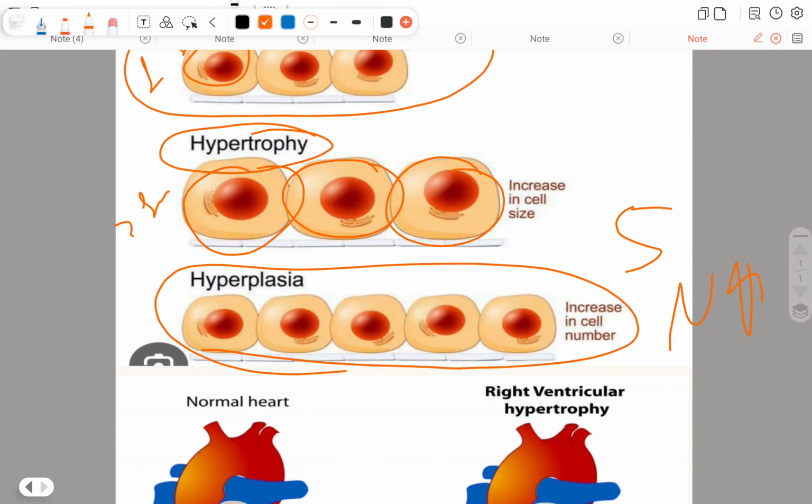Hyperplasia may occur due to several reasons. For example, Barrett esophagus: when you suffer from frequent gastroesophageal reflux disease, the epithelial layer of our esophagus will change and become hyperplasia.